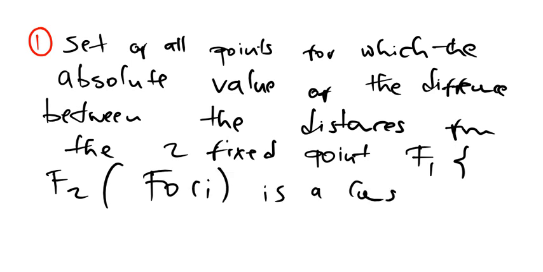So a set of all points for which the absolute value of the difference between the distances from the two fixed points F1 and F2, which are collectively called the foci, is a constant. That's one way you can define it. Very simple, right? I'm just describing what we're trying to say.